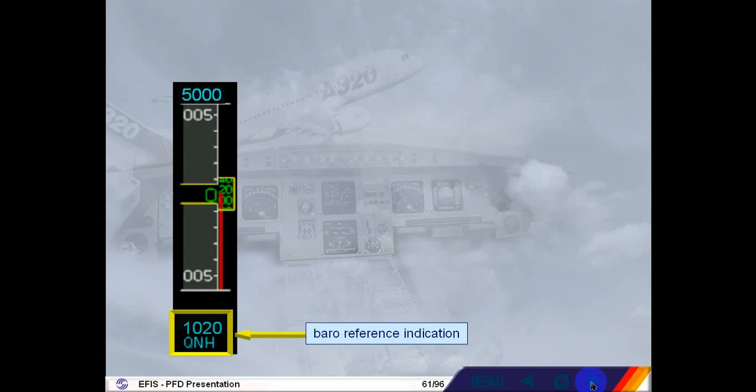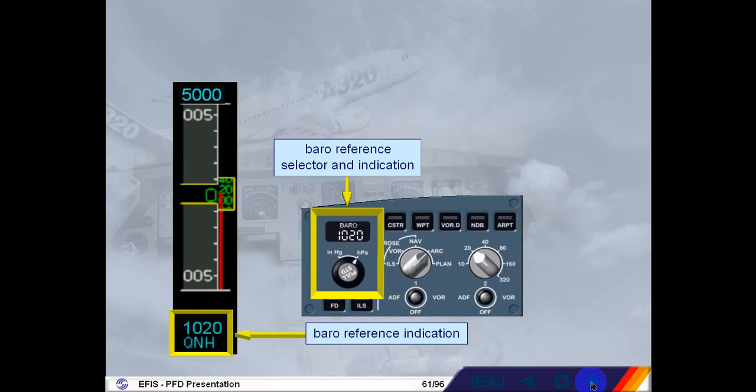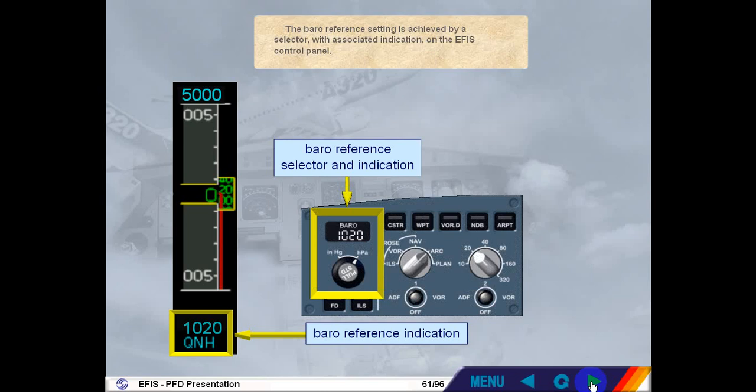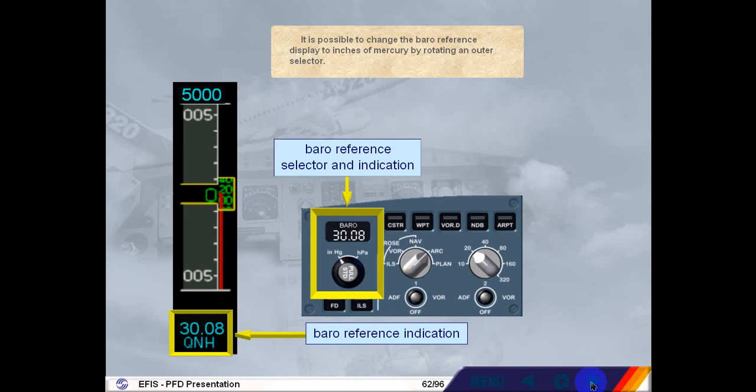The baro reference setting is achieved by a selector with associated indication on the EFIS control panel. It is possible to change the baro reference display to inches of mercury by rotating an outer selector.